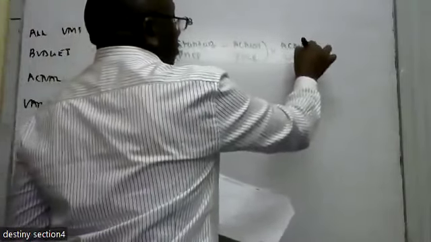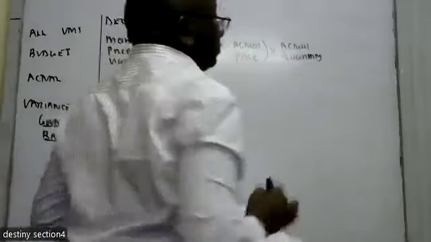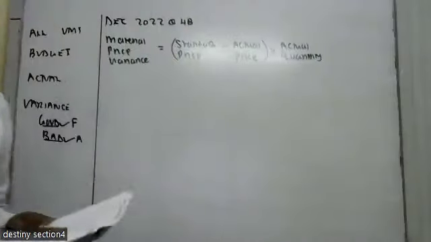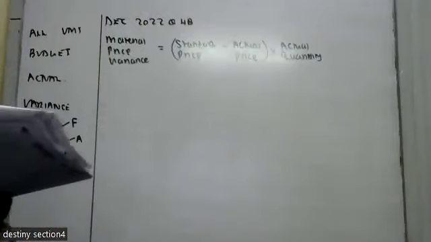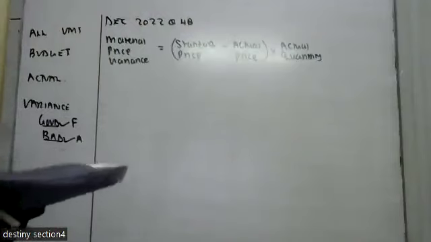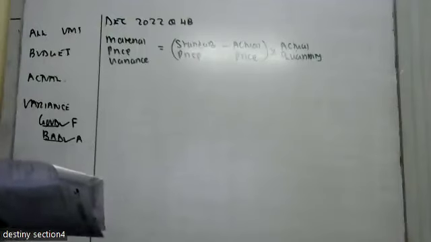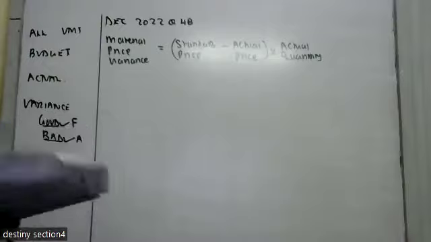Multiplied by actual quantity. That's how we get the material price variance. It's the standard price minus actual price, you multiply by actual quantity.